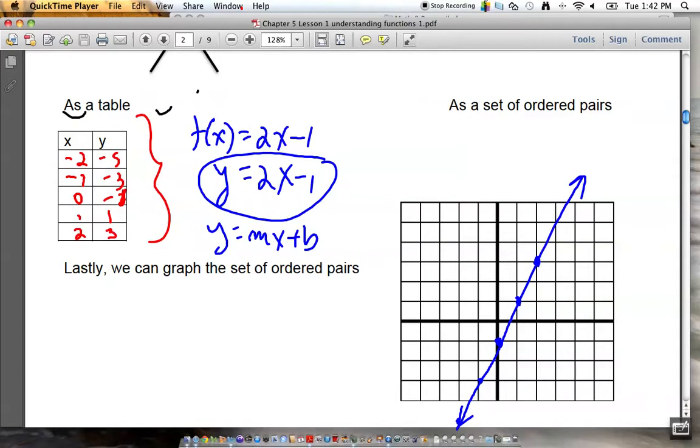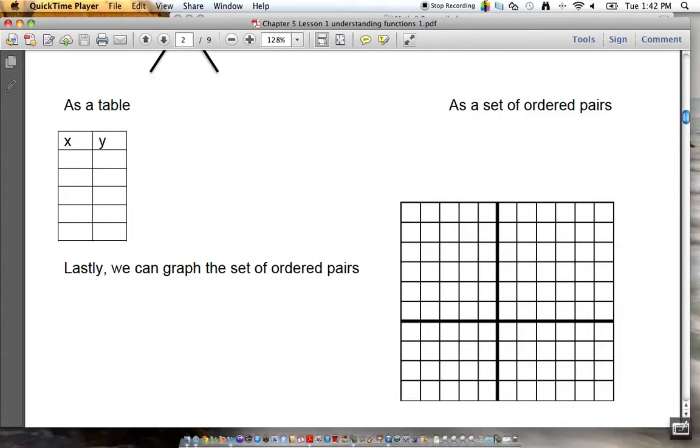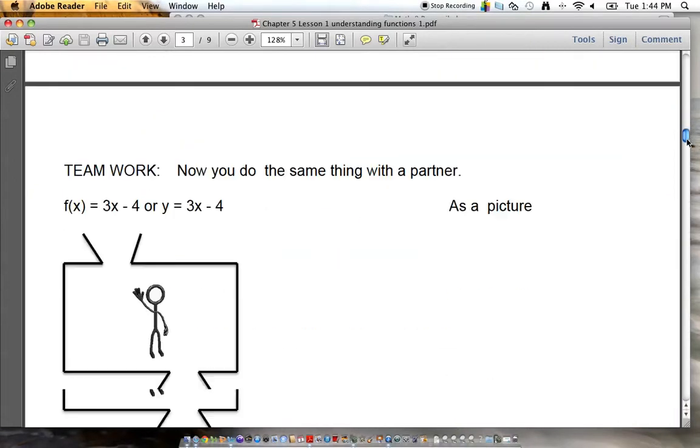And notice, this guy here goes up by 2's, and this guy here goes up by 1's. So we can see the same exact thing going on in the table. And over the course of the next couple of days, we're going to continue to learn more and more about different ways to represent functions and what their graphs look like.